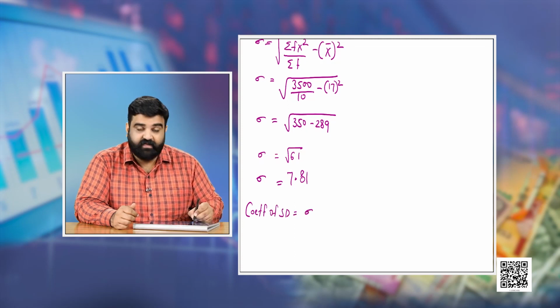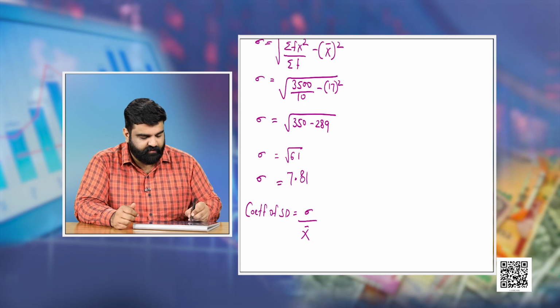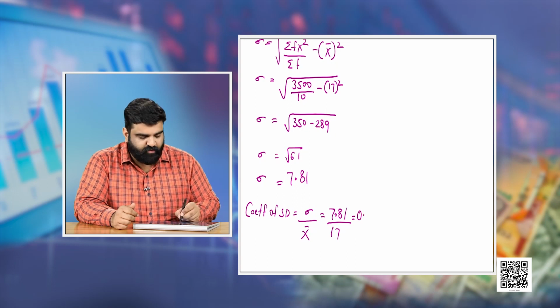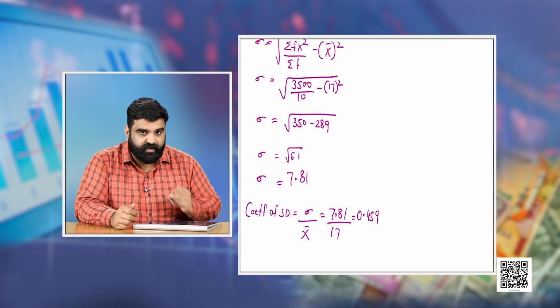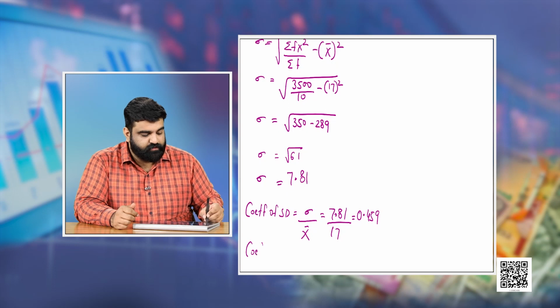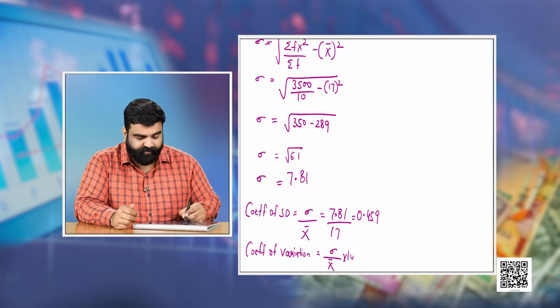Now, let us also calculate the coefficient of standard deviation. The formula to this is standard deviation upon mean, which will be 7.81 upon 17. This will be 0.459. Let us also calculate the coefficient of variation, which is represented by the formula standard deviation upon mean into 100.